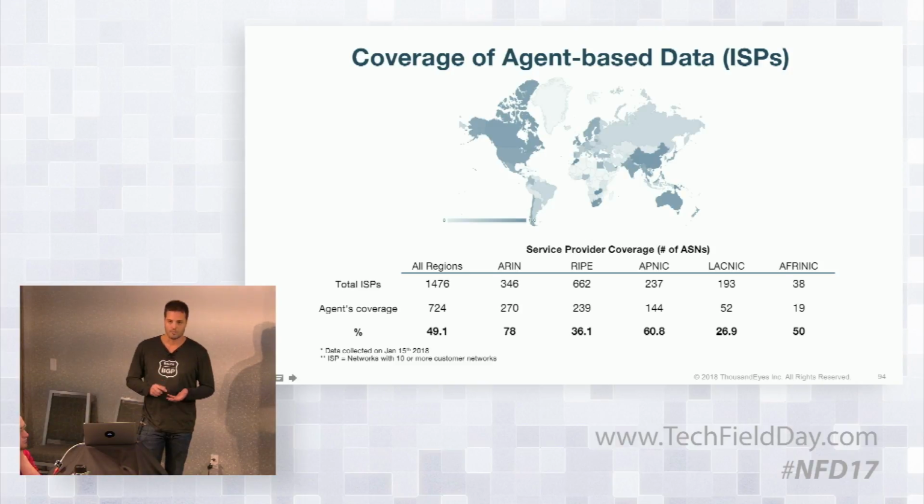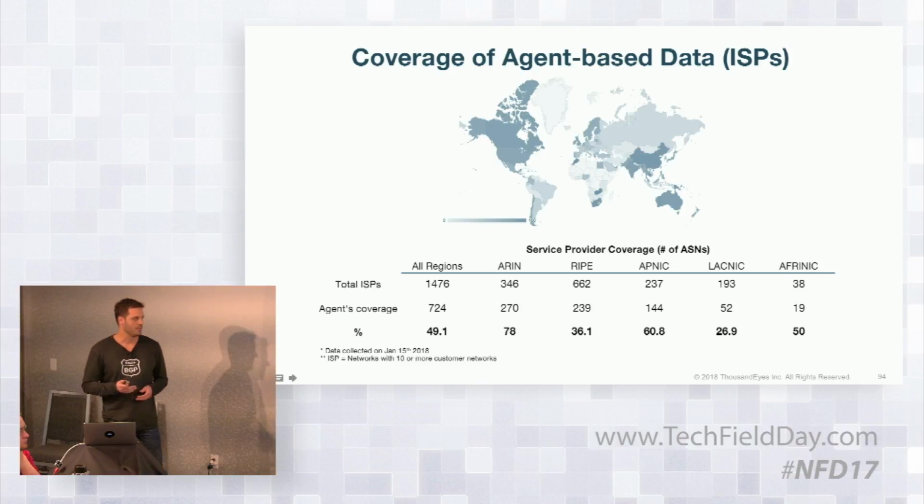If the agent is inside AS A, for example, we assume AS A is covered. And if A is using a provider B, for example, that is directly connected to another service provider, we also assume that provider is covered. So we're talking about the one-hop radius around the agent, basically. That's our notion of coverage here.